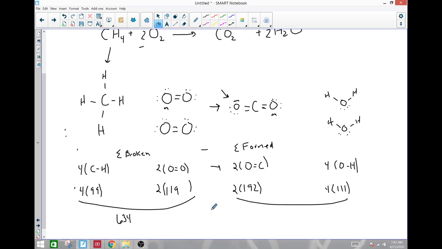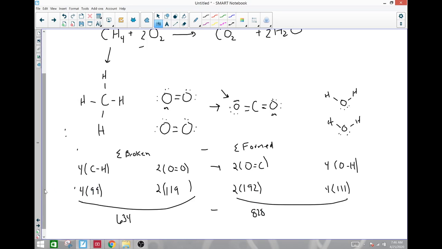So this whole thing I got was 634 minus, let's do all of our products, all the stuff for forming. 2 times 192 is 384 plus 444, 828. Now, of course, we know this reaction is exothermic. 828.